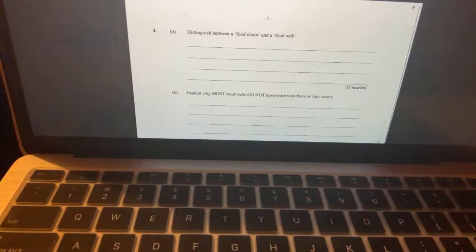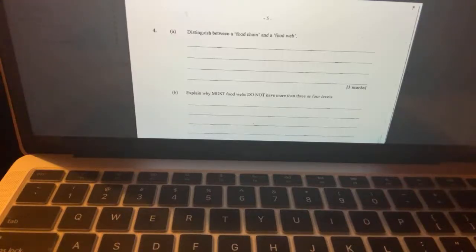Like a graph or a table or something of the sort is a must for the NVI paper. So familiarize yourself with your graphing skills. Remember to put on your title. Remember your axis and all of those lovely stuff, because the graph is kind of heavyweight. It carries a lot of marks and it's a sure thing.